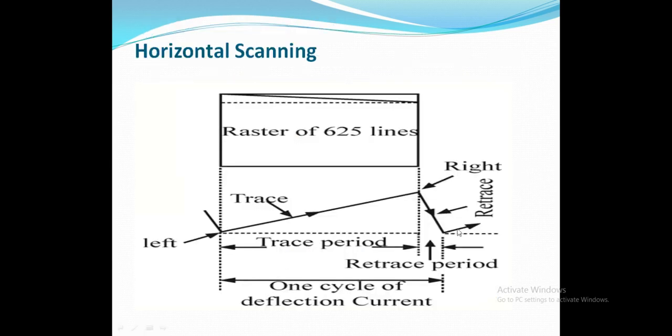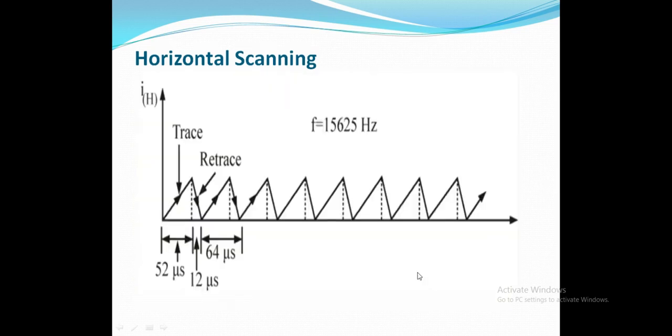After reaching its maximum value, the direction changes. This is known as the retracing period in horizontal scanning. So it is tracing, retracing, tracing, retracing. The tracing period is more and the retracing period is less.